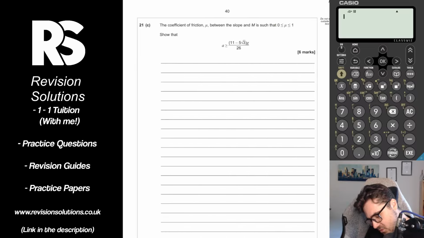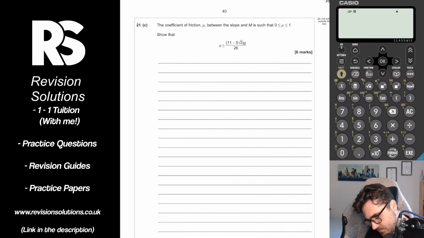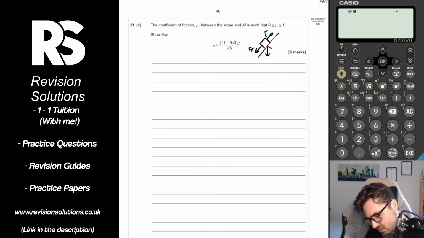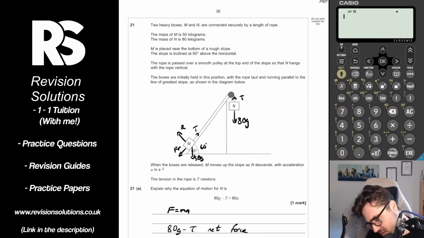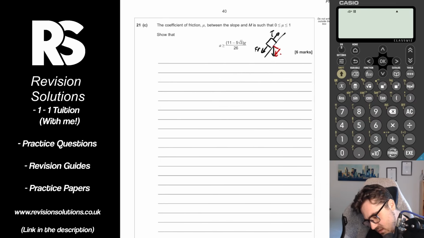If we draw another diagram, thinking about the block on the slope, we've got this force going up for T, we've got the frictional force pulling us down, as well as a component of weight pulling us down the slope. So this component here would be the weight, which is 50g, 50g sine 60.